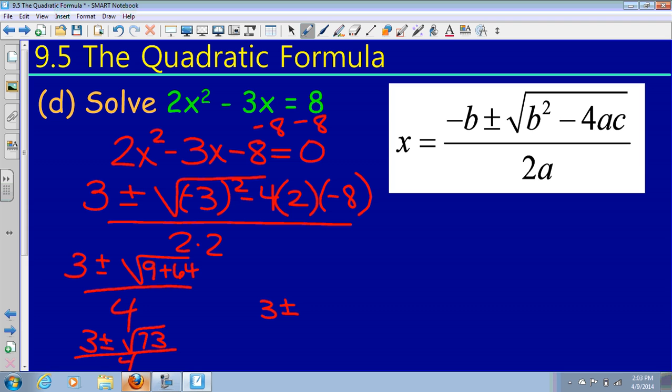Okay? So now we have 3 plus or minus, what is the square root of 73? Well, it's going to be 8 point something because 73 falls between 64 and 81, 8 squared and 9 squared. I can't find the square root of that one here.